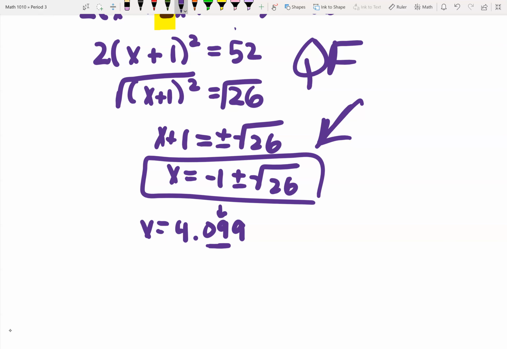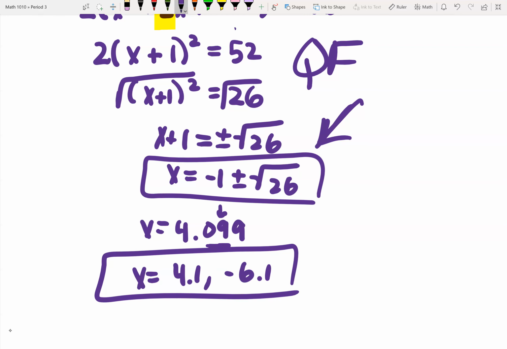So the 9 goes to a what? A 10. So it's 4.10. And you guys know that the 0 is not necessary. So I'm just going to say 4.1. Okay. Now let's do the negative. Everybody go up 1 button. Then go right. Change it to a negative. Hit enter. And you get negative 6.1. And that's it.